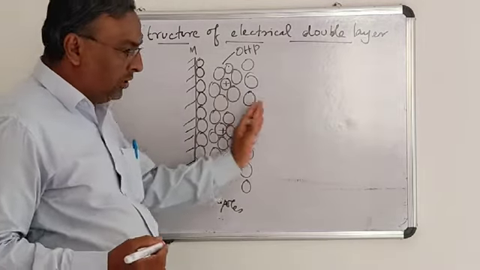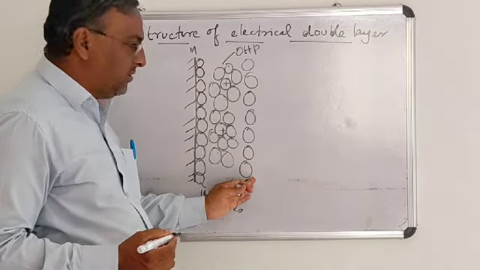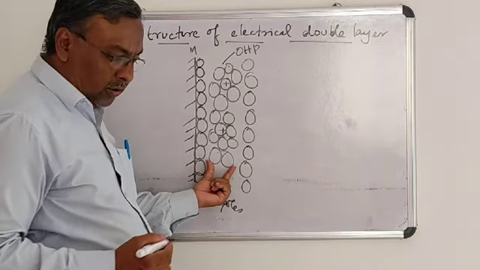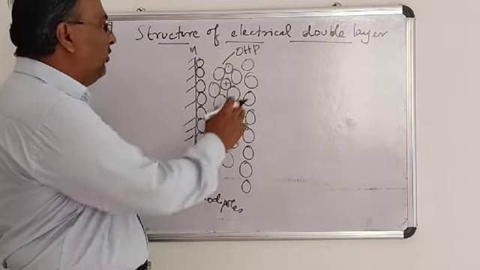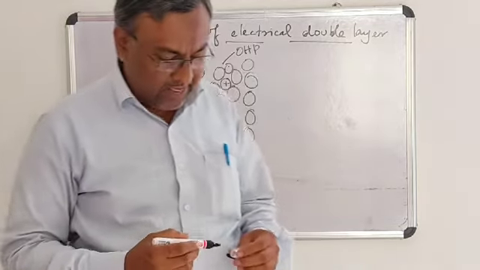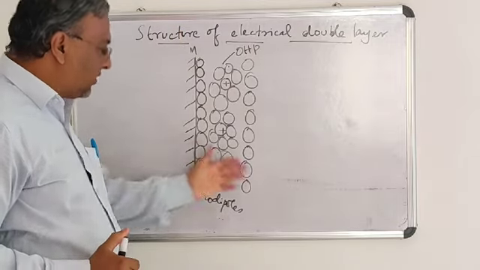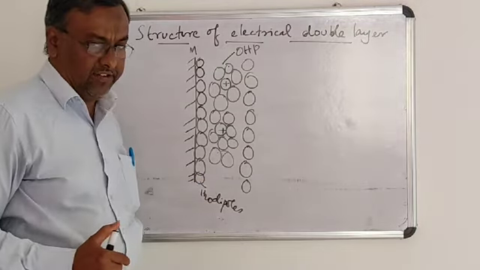They form a secondary layer, the secondary hydration sheath, and this is called the outer Helmholtz plane. This is what we studied in the last class, which gives the structure of the metal-electrolyte interface.